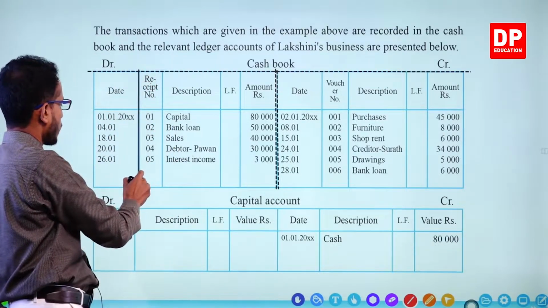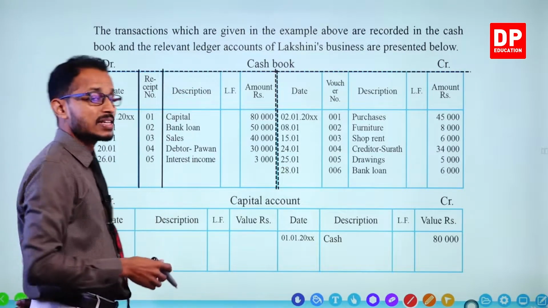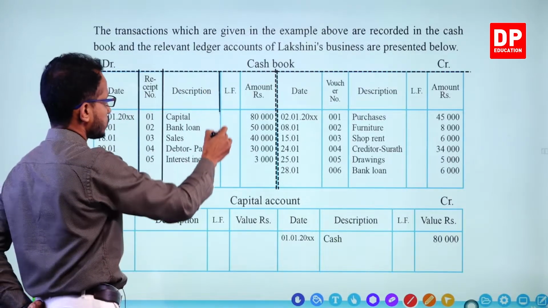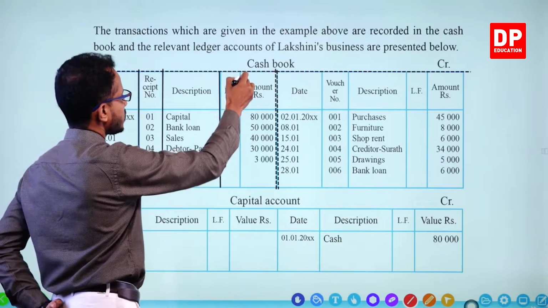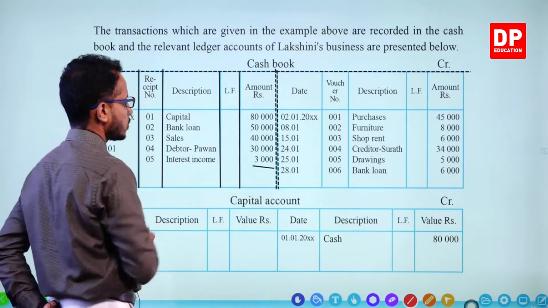Date. There is an additional column for receipt number. Description. Ledger folio and amount.